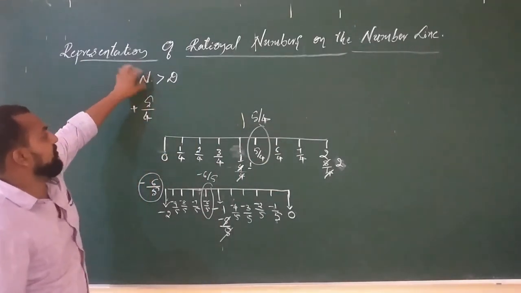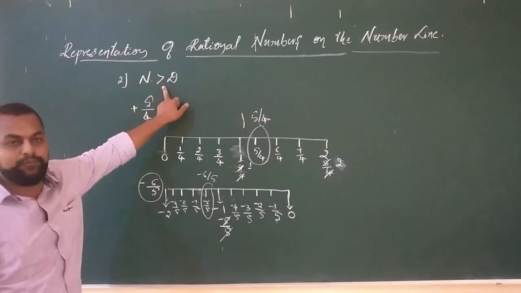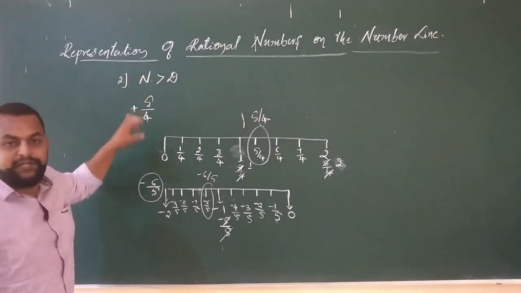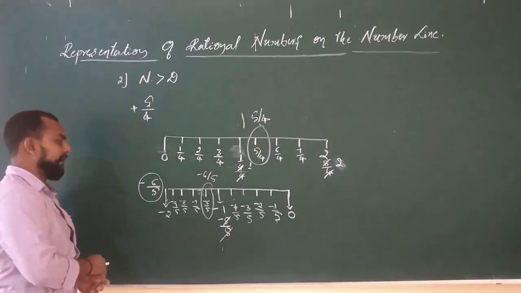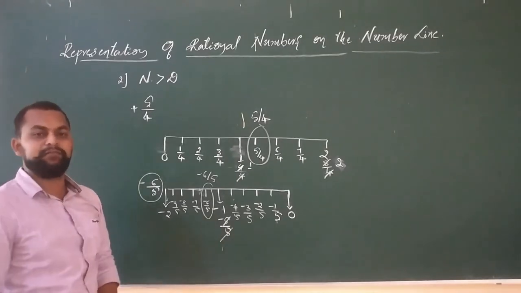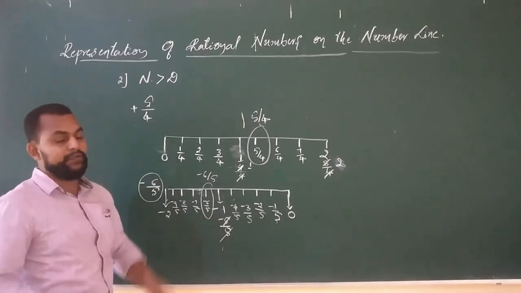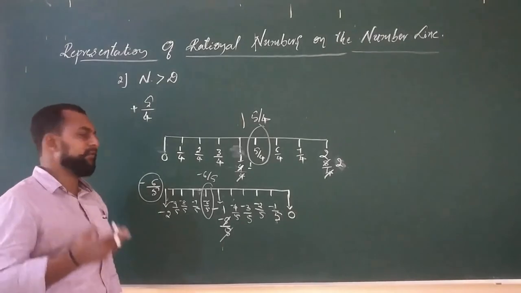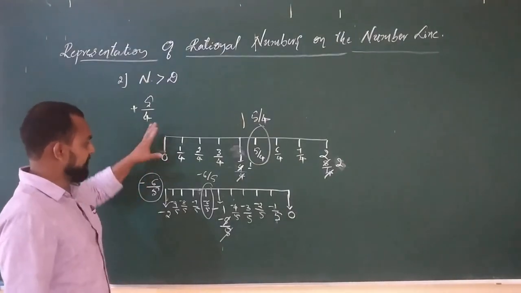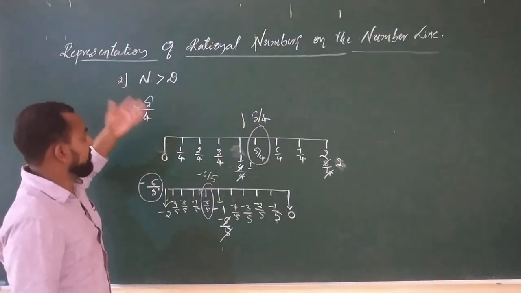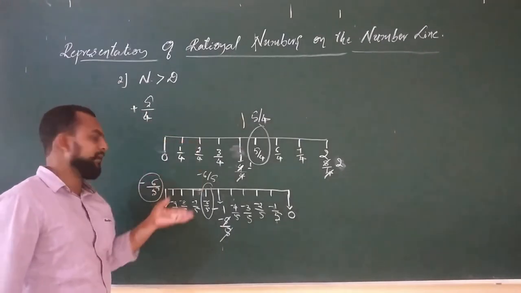The second condition is the numerator greater than the denominator: then it does not lie between 0 and 1, but between 1 and 2, 2 and 3, 4 and 5. This is the representation of a positive rational number on a number line.